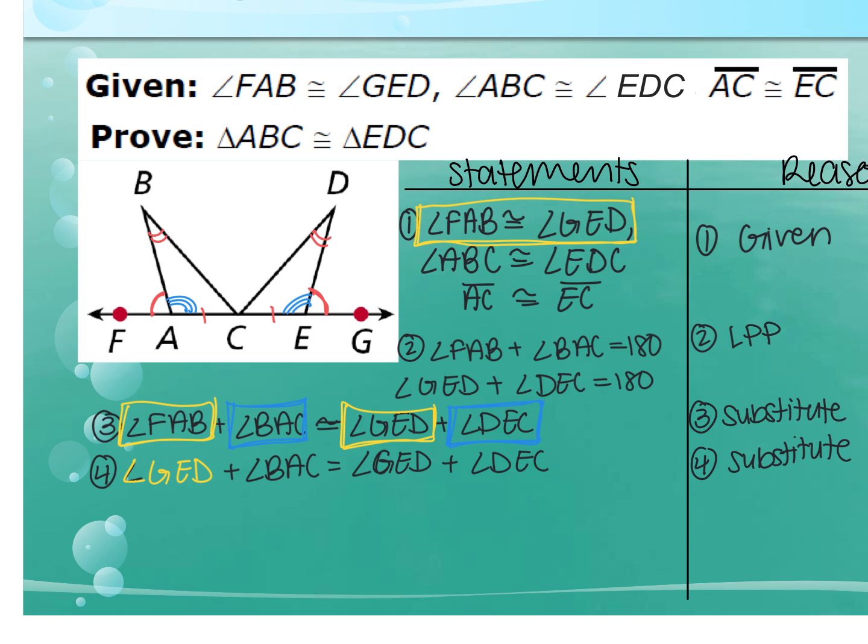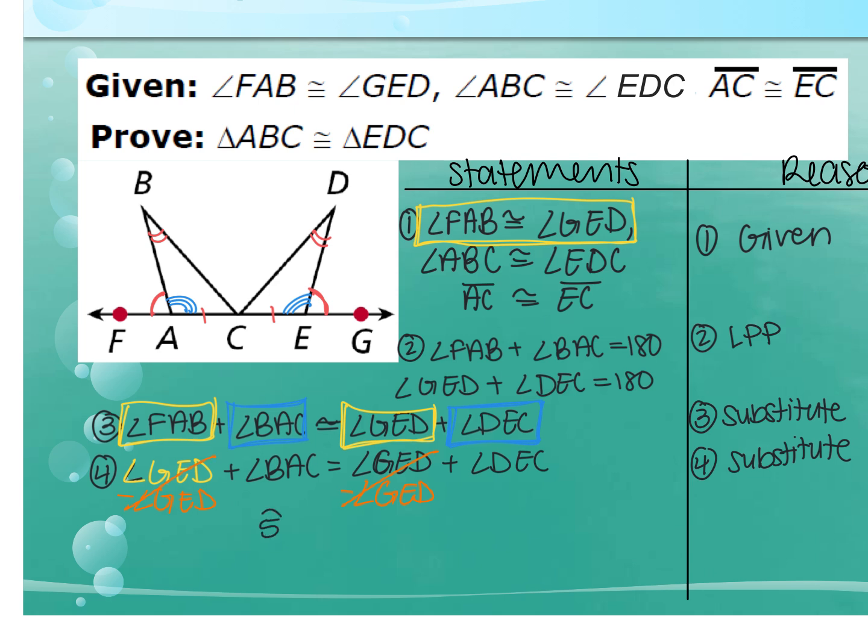If you're looking at it, you should notice that something is the same. I'm going to get rid of the GED on both sides, so I can cancel these out.